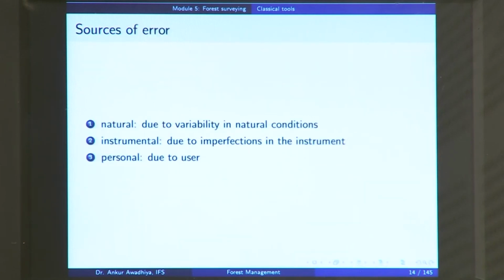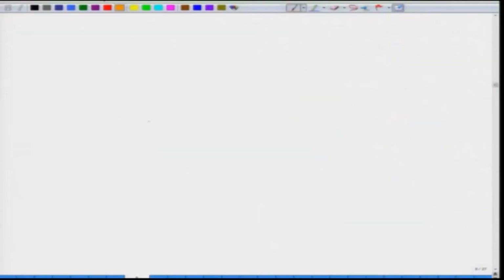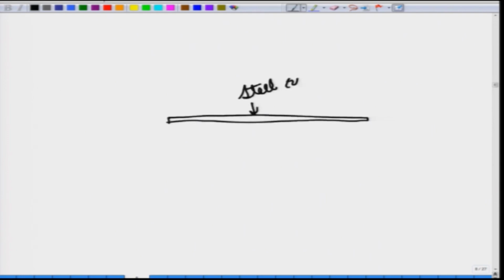Now, there are three sources of error. You can have natural errors due to variability in the natural conditions, and a good example is the expansion of things because of heat. For instance, you were using a ruler made out of, say, steel, and you were using this ruler at a temperature of, say, 30 degrees Celsius.